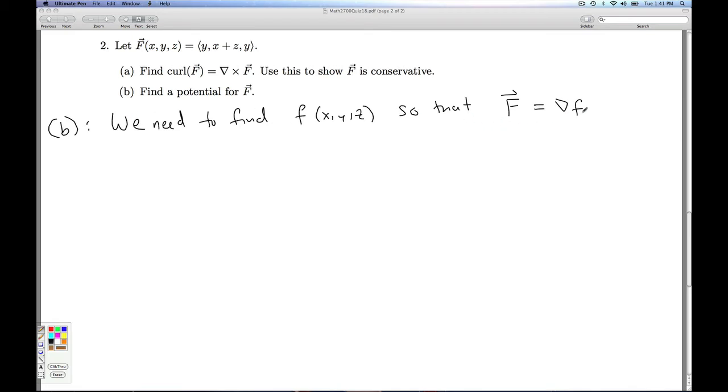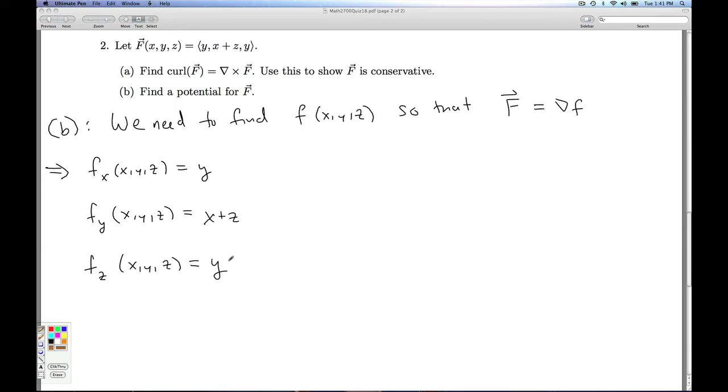So in other words, the partial derivative of f with respect to x has to be the x component of the field F. So in this case, this is equal to y. The partial derivative with respect to y of the potential function has to match the y component of the field, and the partial derivative of the potential function with respect to z has to match the z component of the field.